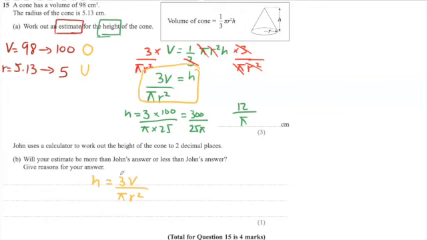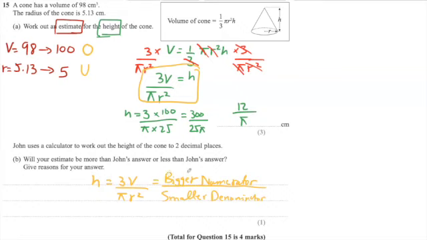So this is going to be a higher number: the numerator is greater, because you rounded V up. Bigger numerator over, and you rounded down r, so your radius is going to be smaller than John's radius. So on the bottom, you have an underestimate, or a smaller denominator.